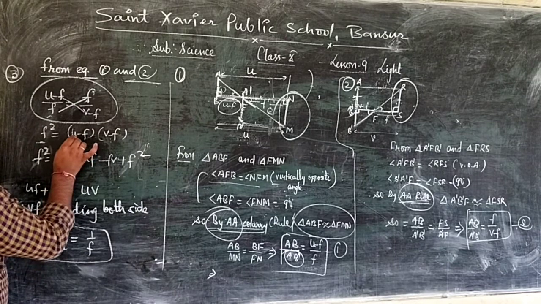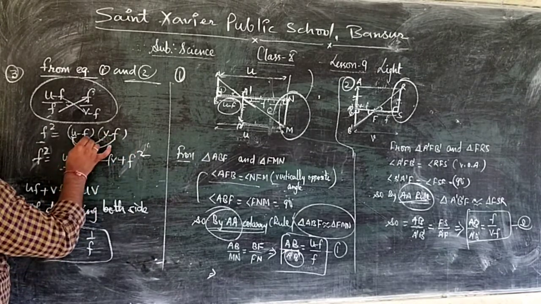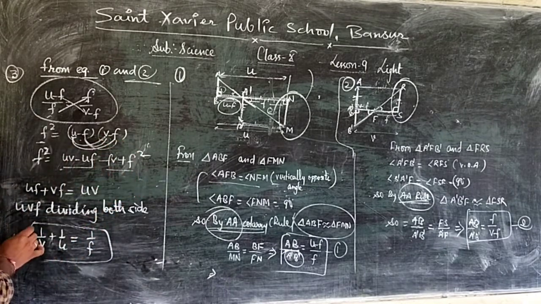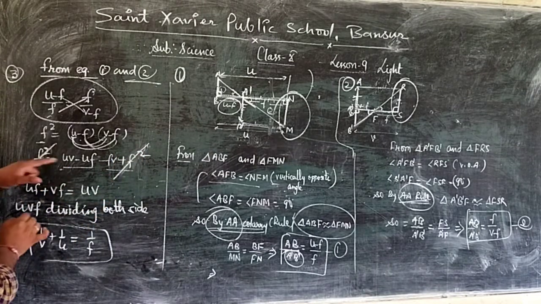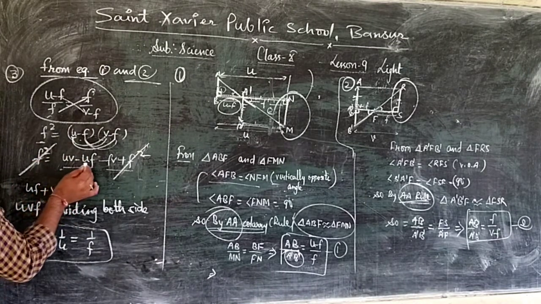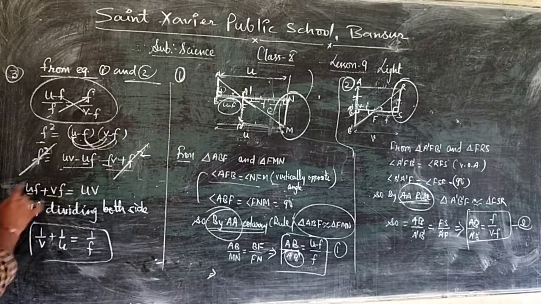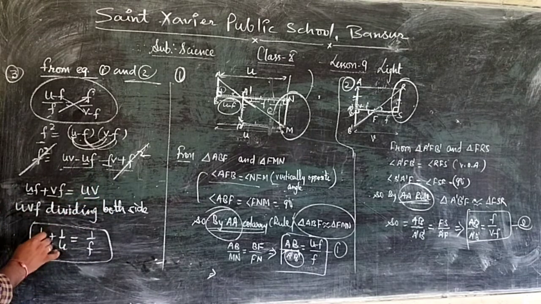Firstly U is multiplied to V, then F. After this F is multiplied to V and then F. I can cancel F square, because both are positive. When I transfer this side, F square minus F square will be 0. Now these two values I am transferring this side, so both will be positive, because these are negative on this side. UV is equal to UF plus VF.